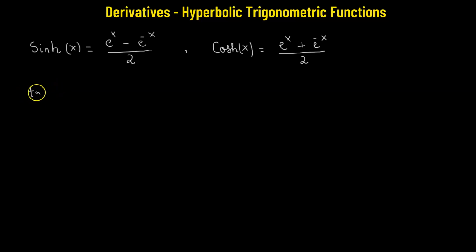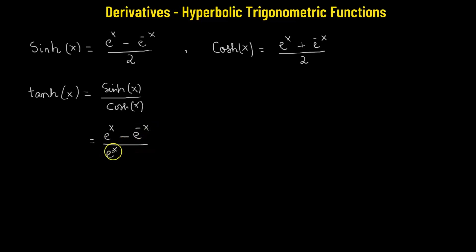If we consider the tangent hyperbolic function, this will be the ratio of sine hyperbolic to cosine hyperbolic. When we substitute the values, this will give us e raised to the power of x minus e raised to the power of negative x, divided by e raised to the power of x plus e raised to the power of negative x.